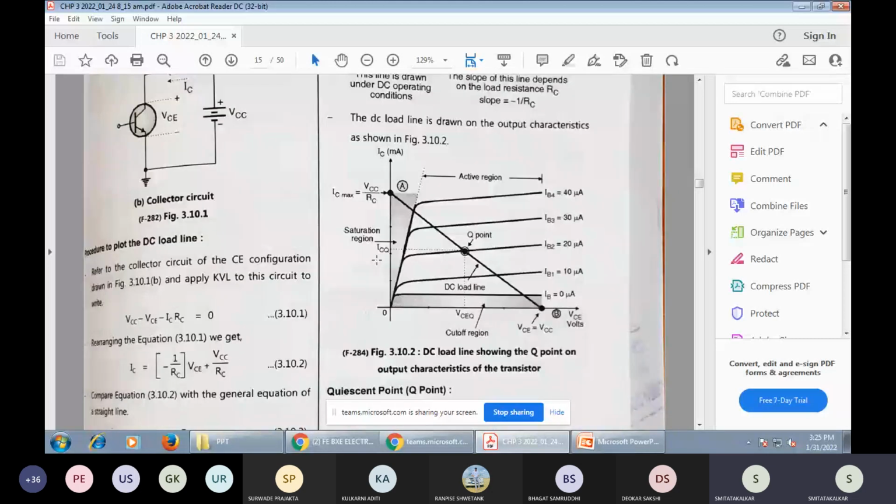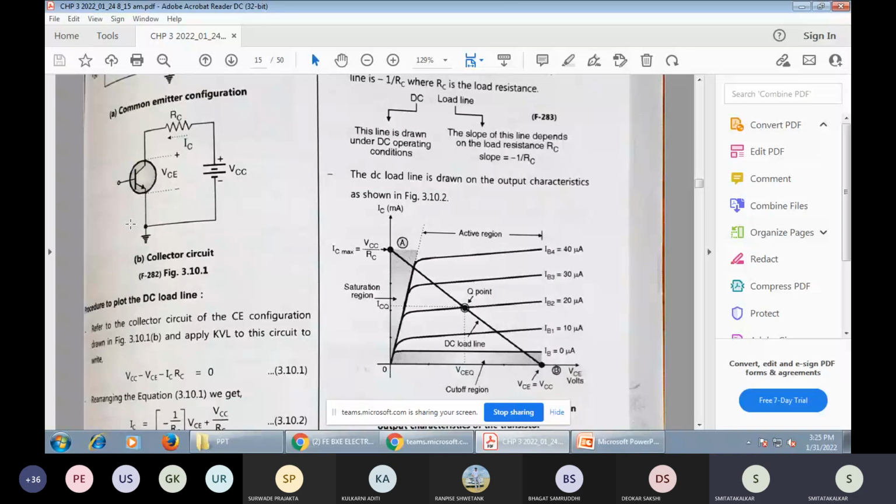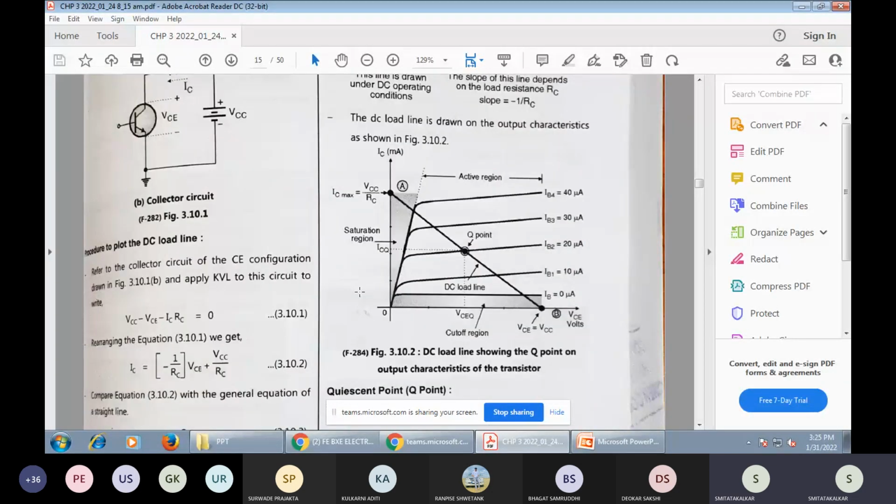The transistor base to emitter junction is forward biased, and the emitter collector base junction is also forward biased. Then the transistor goes to saturation. Both the junctions are forward biased. Then the current goes to saturation, and the center point is known as the quiescent point, or the Q point.